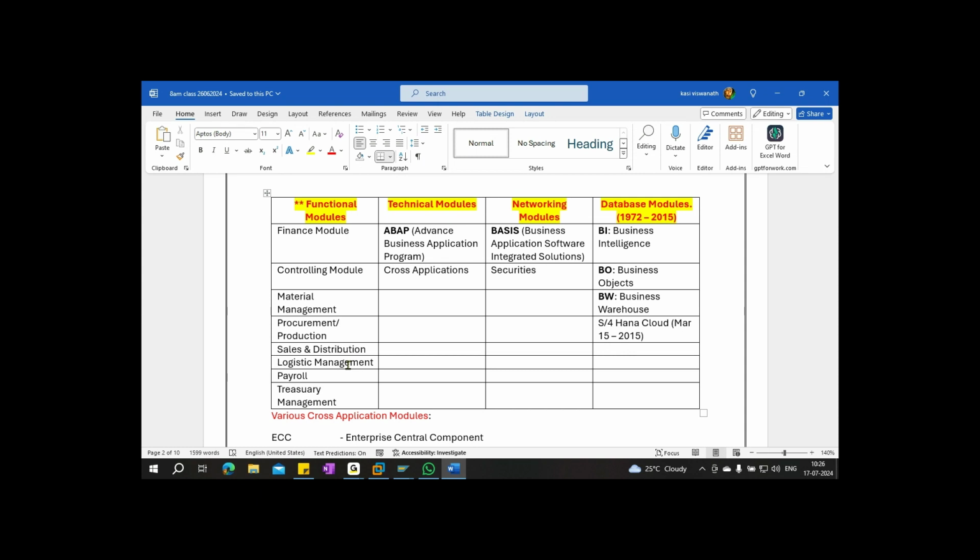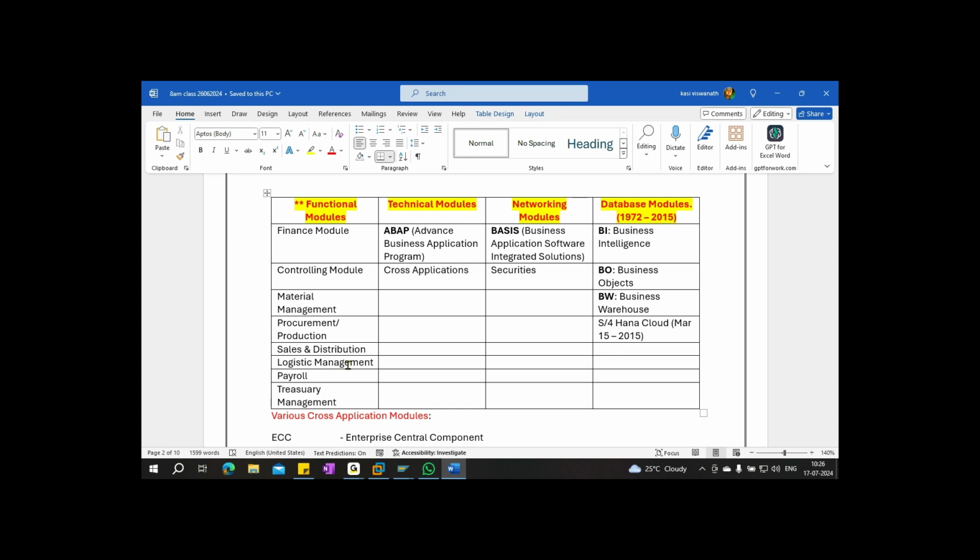Logistic management. Payroll. And treasury management. Right? So this is the actual order format.